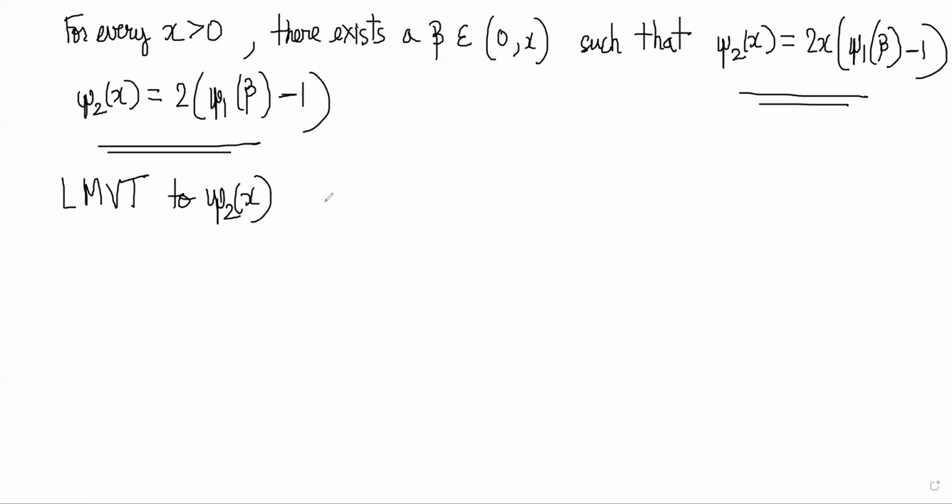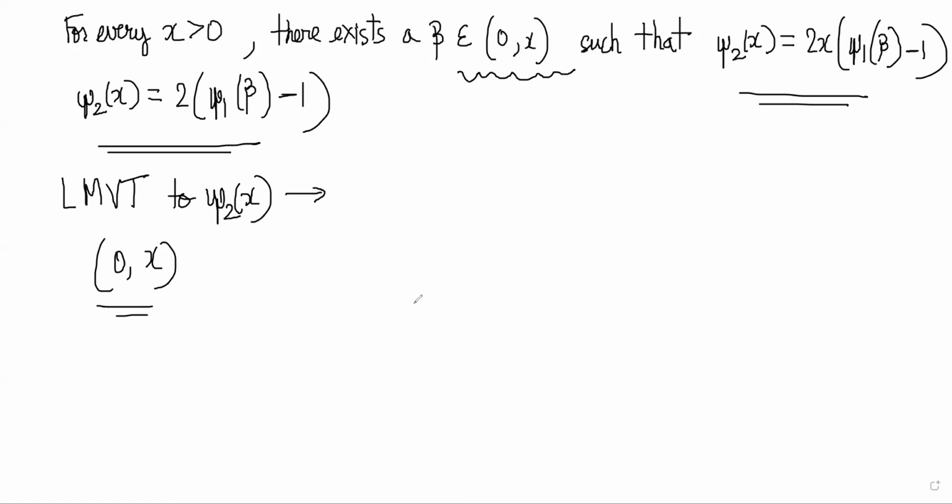The mean value theorem says that if the function is continuous and differentiable in an interval, and our interval here is 0 to x, then there is a point in the interior of that interval where the derivative, or slope of the tangent to the curve at that point, will be equal to f of b minus f of a by b minus a, right?